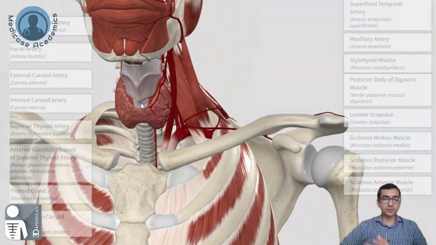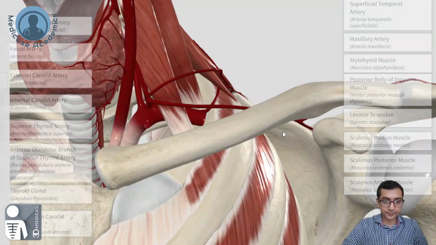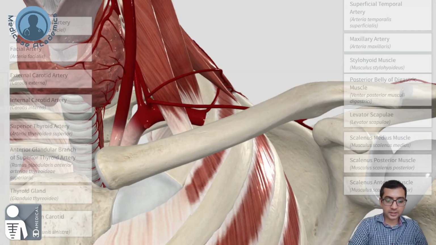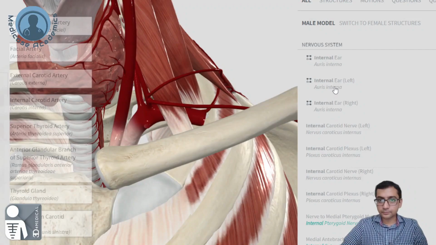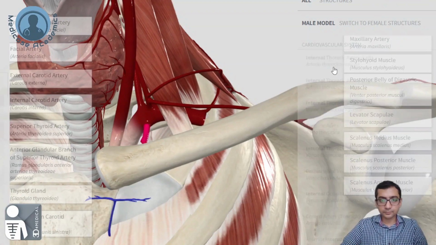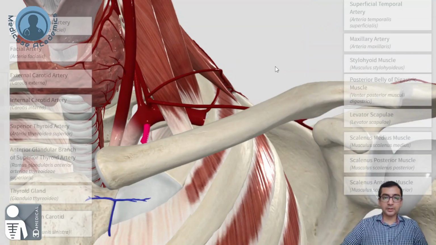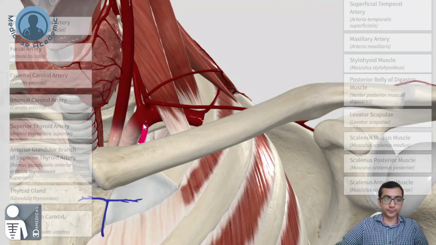Let's quickly revise what we just studied about the three parts of the subclavian trunk and the branches. First, we discussed the internal thoracic artery. Okay, we are ready. Let's go.